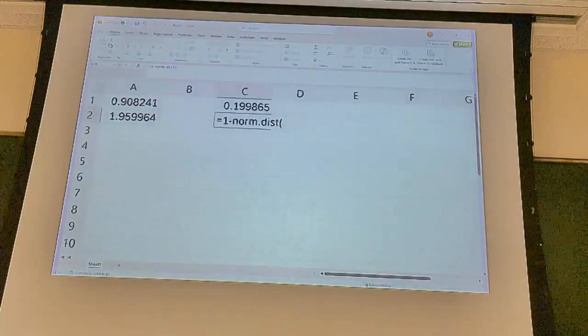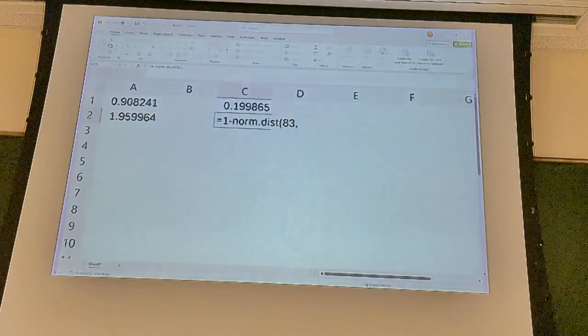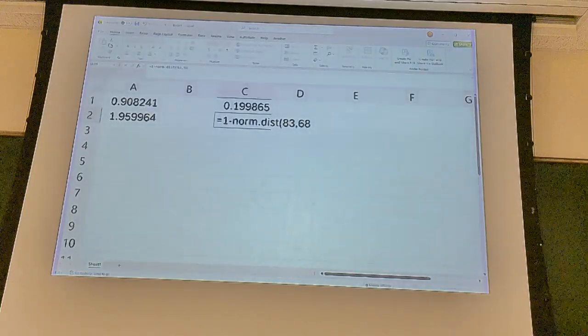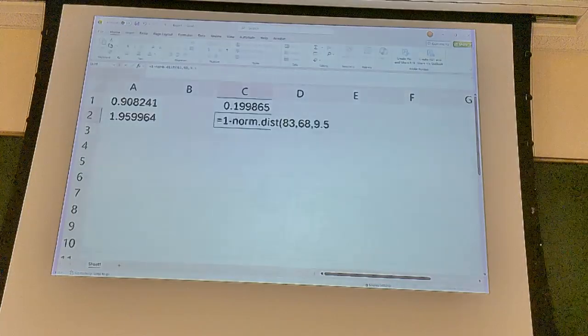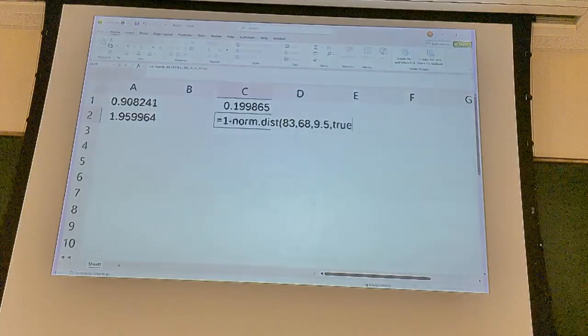We were looking for greater than or equal to 83, right? So it's going to be 83, the mean, standard deviation, true.